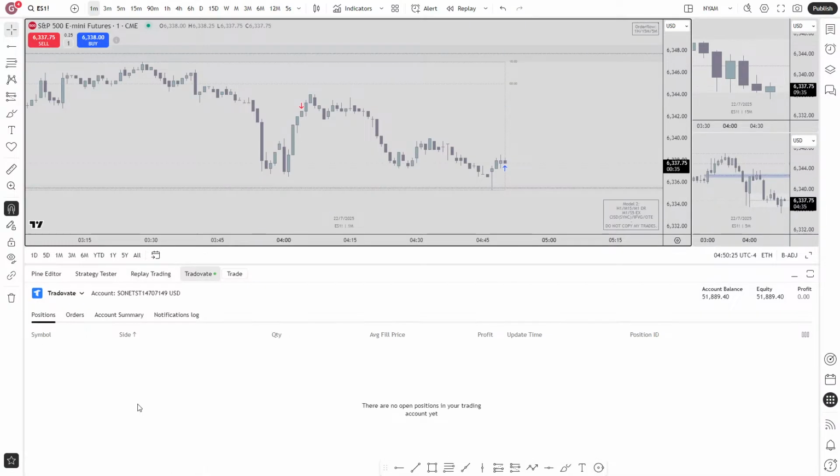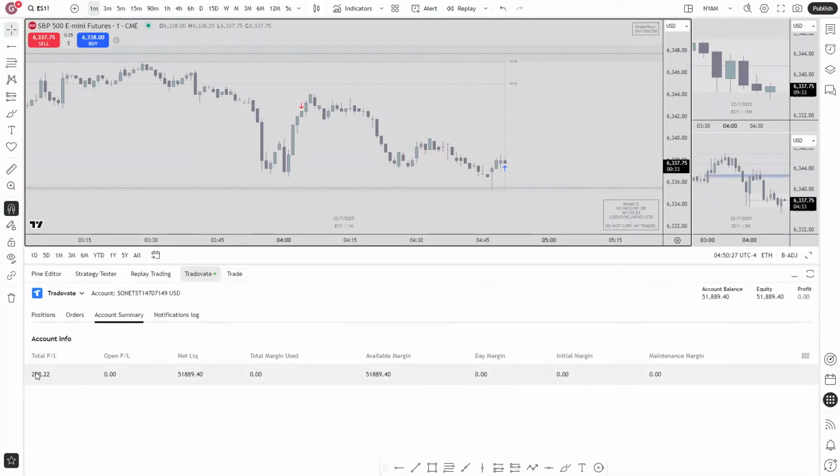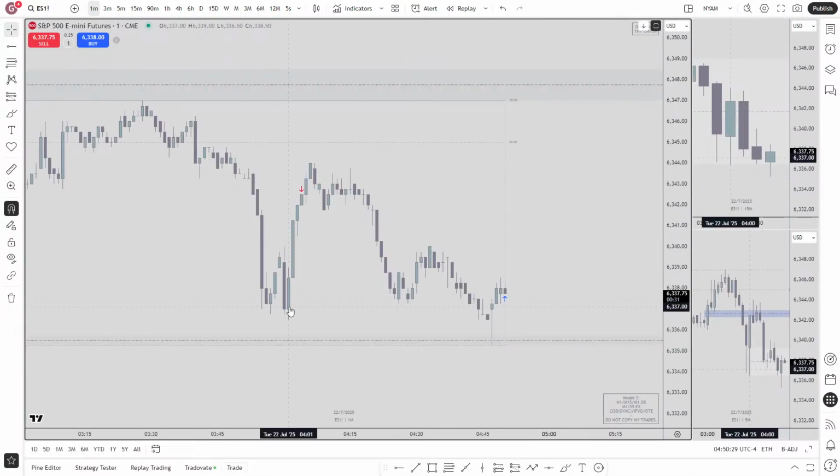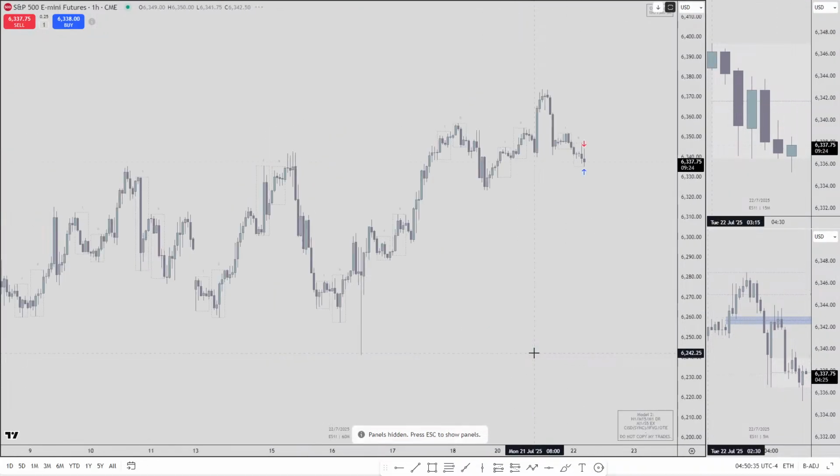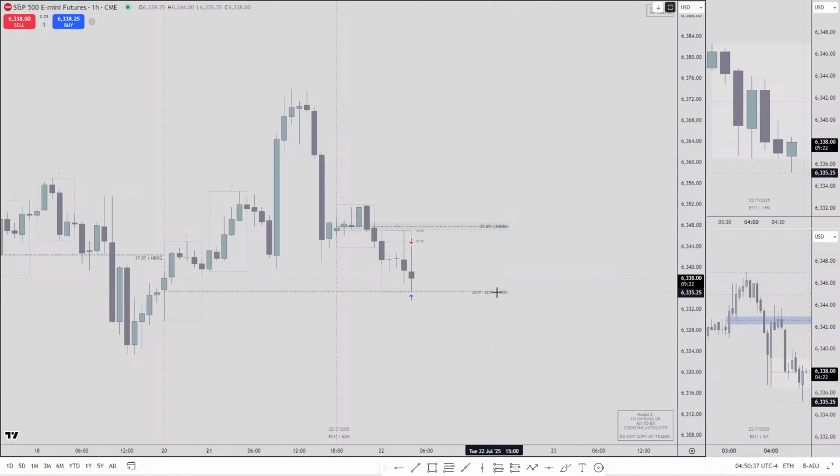Let's see. For today, just a miserable 200. It's the new week opening gap. Right here, new week opening gap. And initially I already had this bias, right?